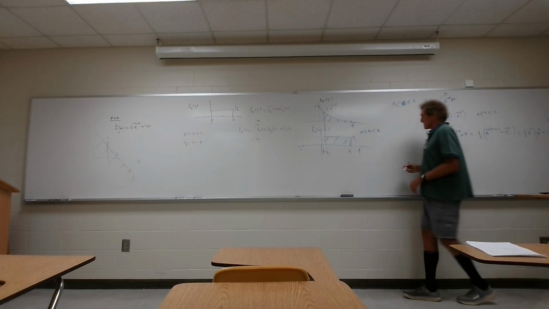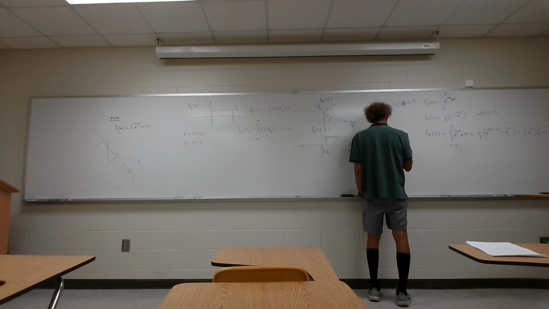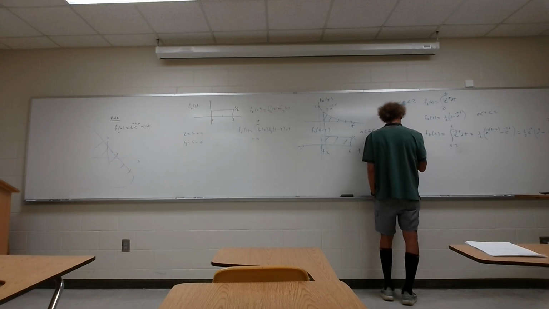And then the last thing you can just say is replace the f_Z(z) just is equal to 1/2 times 1 minus e to the minus 2z u of z.